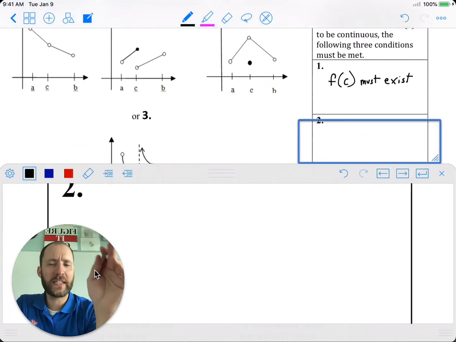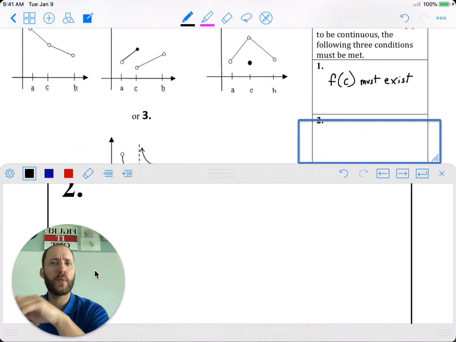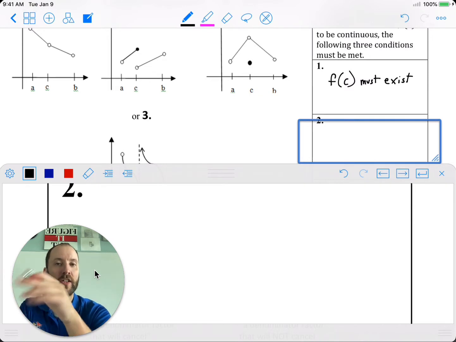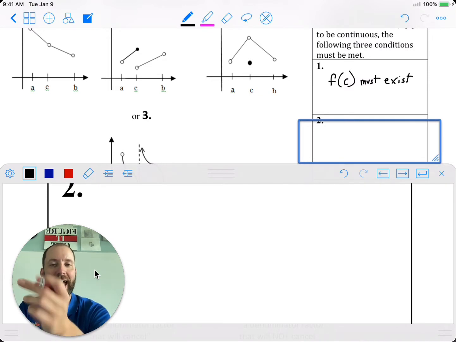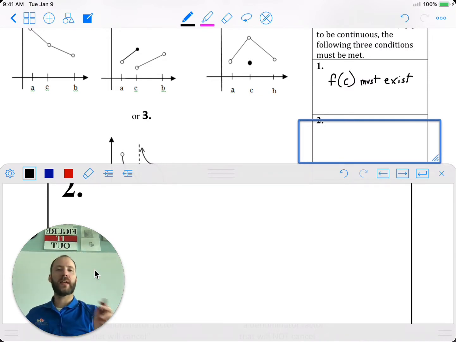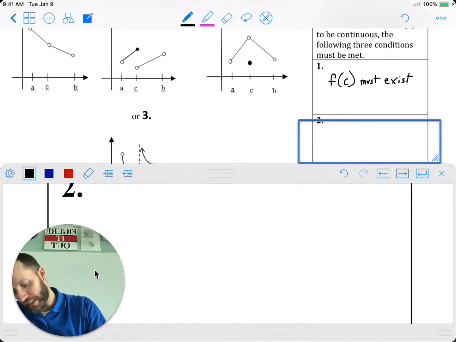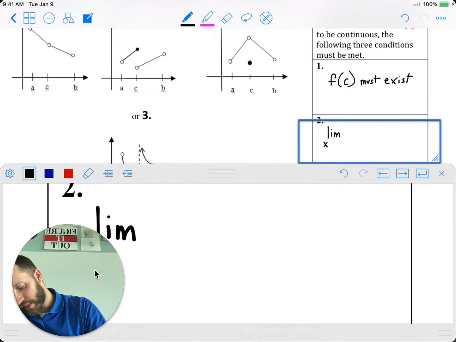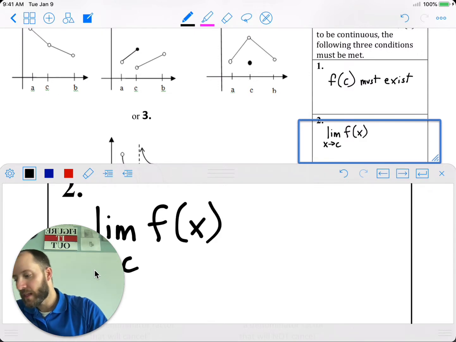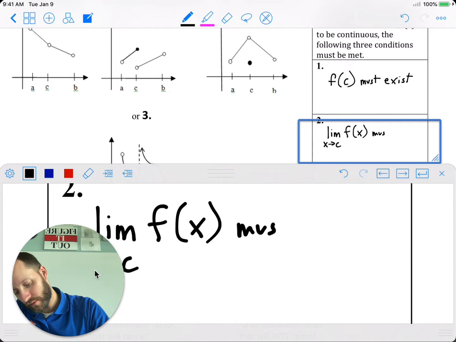And step 1 is kind of the algebra. Okay, what the function is. Does the function exist at a point? Step 2, we're going to go more along the calculus route. The limit as x approaches c of f of x, that also must exist.